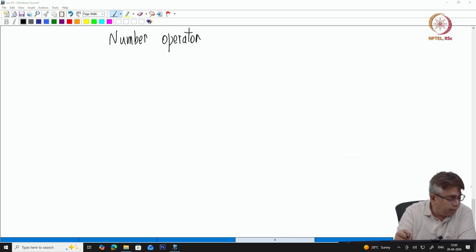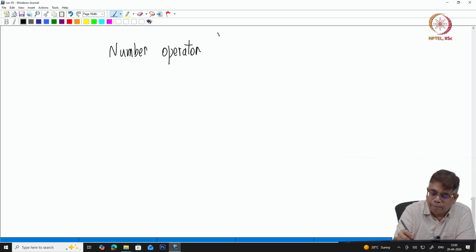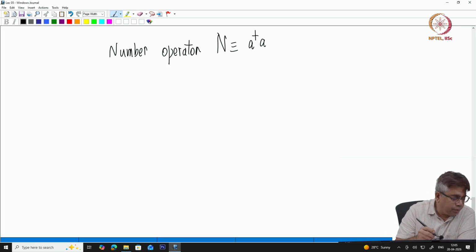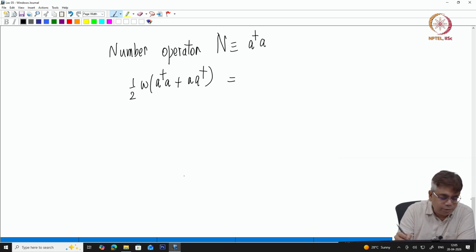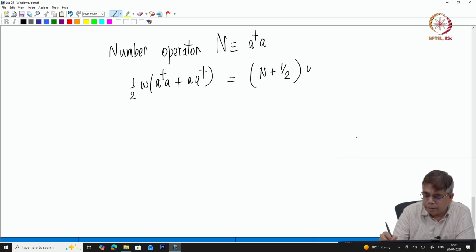The number operator N is equal to a dagger a. So the Hamiltonian would be half omega times (a dagger a plus a a dagger), which equals (N plus half) omega.